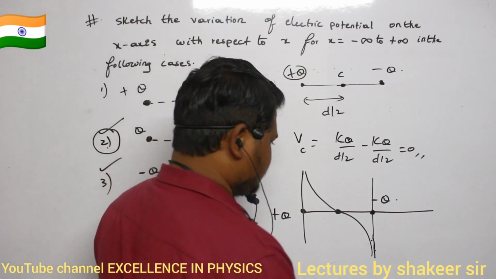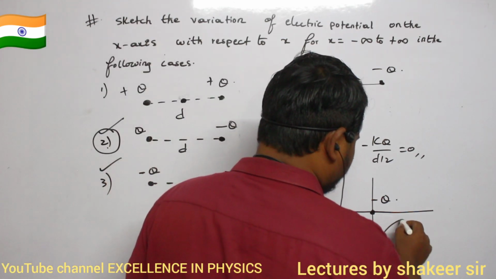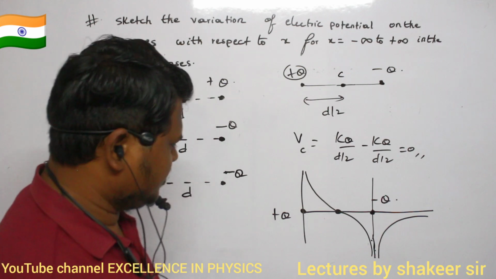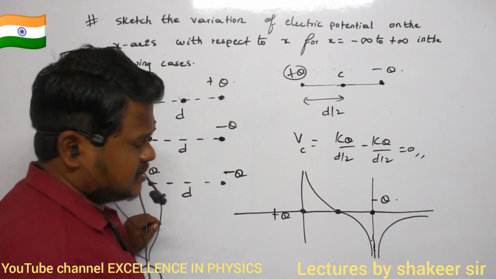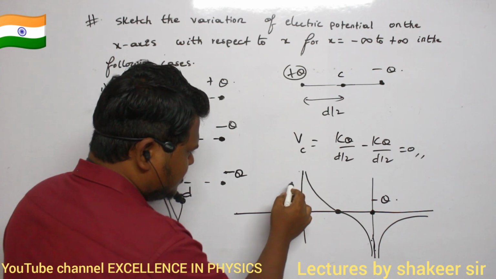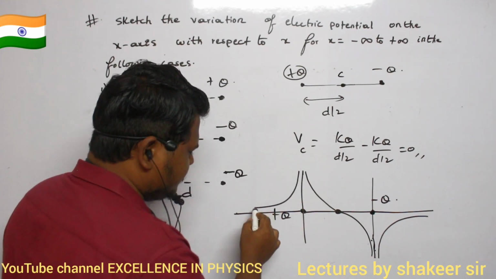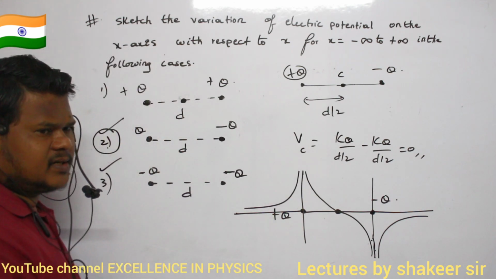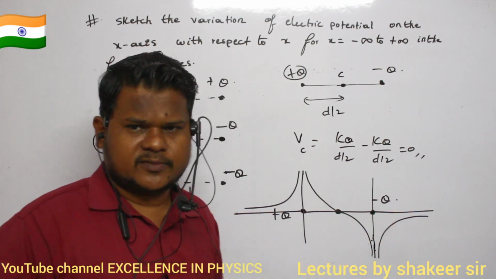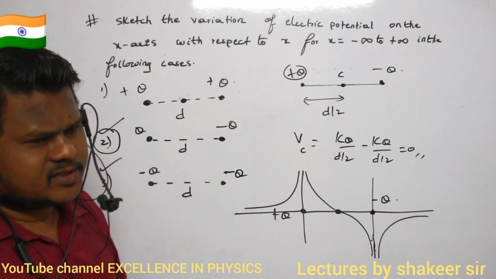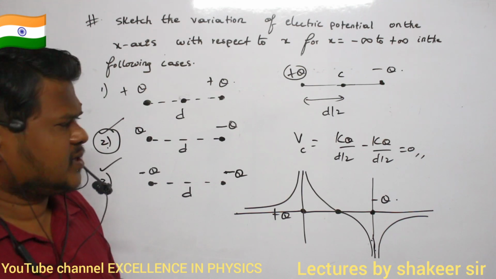So the graph will be like this. Now what about this point? Again potential will be infinite, and as you move away from the charge, potential continuously decreases. Because this is a negative charge, potential is negative; this is a positive charge, potential is positive.